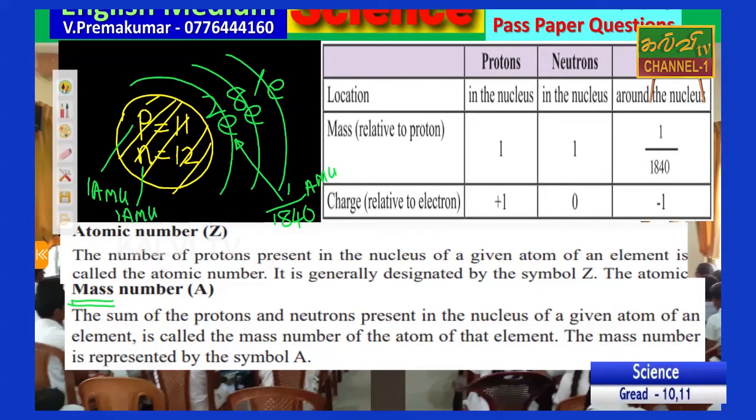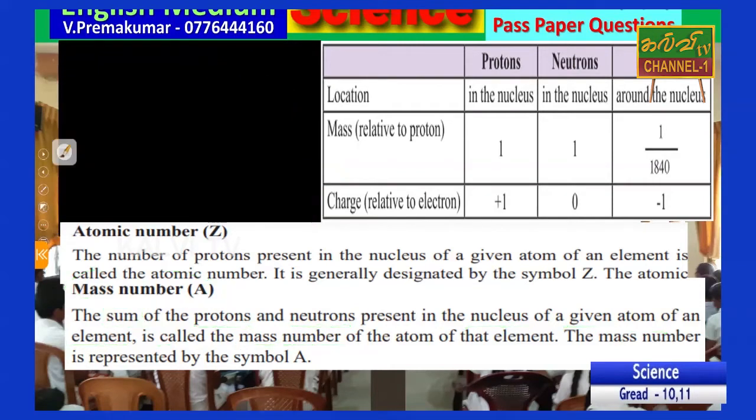When you consider the mass number, we don't care about electrons. That is the reason, sum means total. The total number of protons and neutrons present in the nucleus of a given atom of an element is called the mass number.